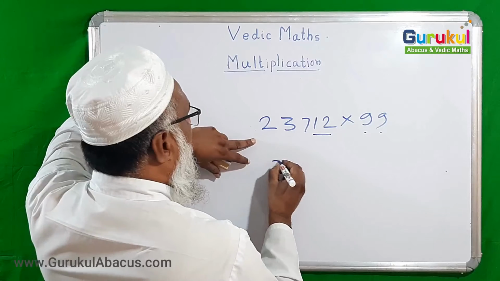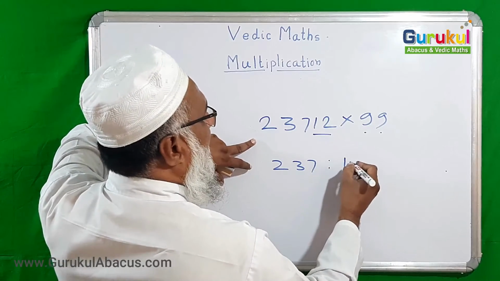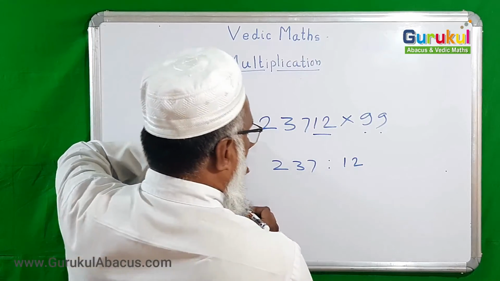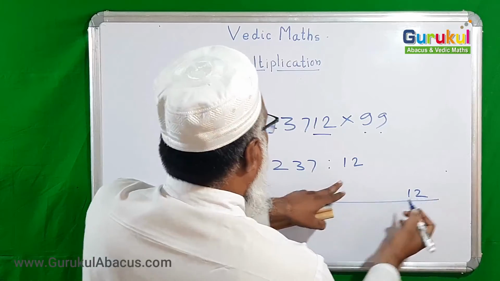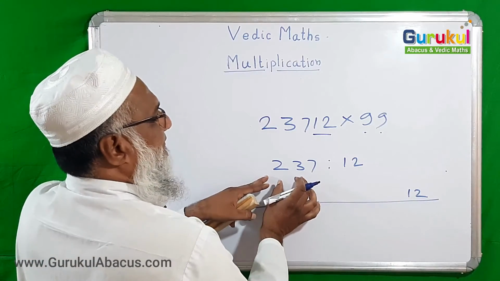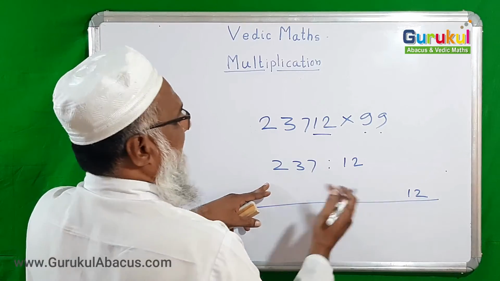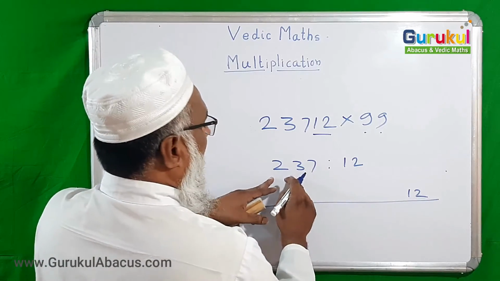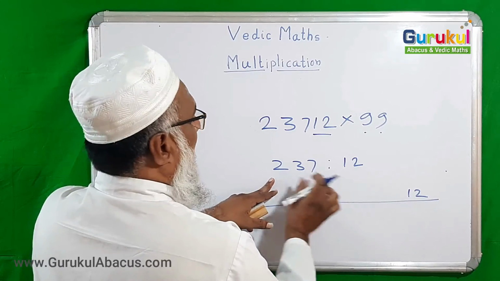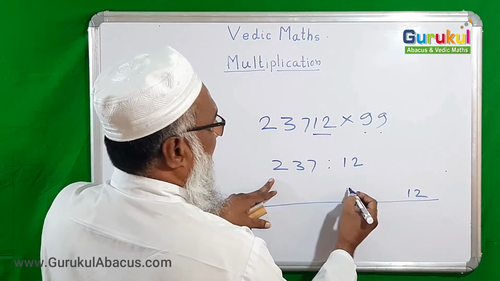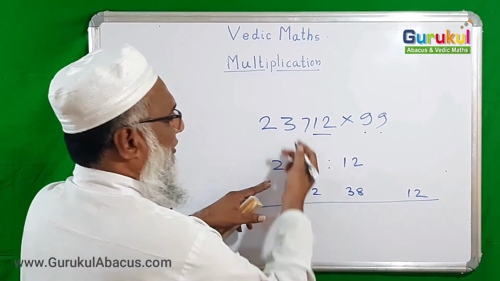So now here 2 3 7 I wrote, colon 1 2, then here a line is there, then that 12 as it is I want to write here, and now this 237 I want to write here. You know, I should add 1, so it will become 238. So out of 238 I want to write 38 here and 2 here. That method you already learnt.